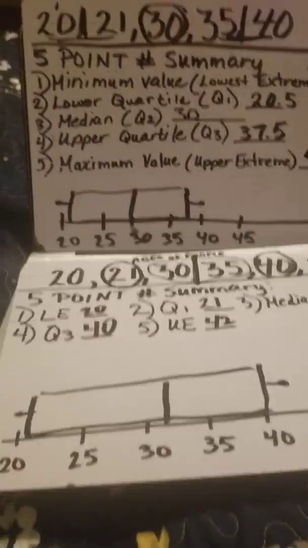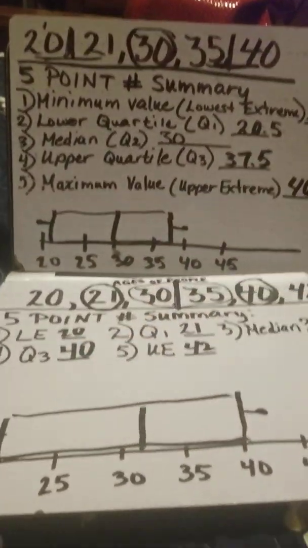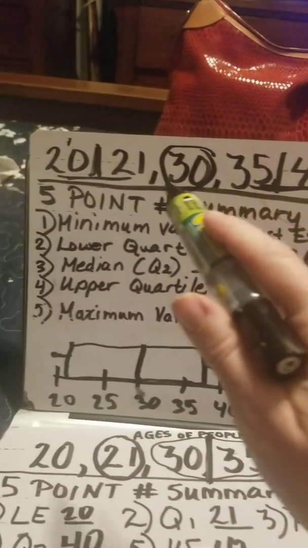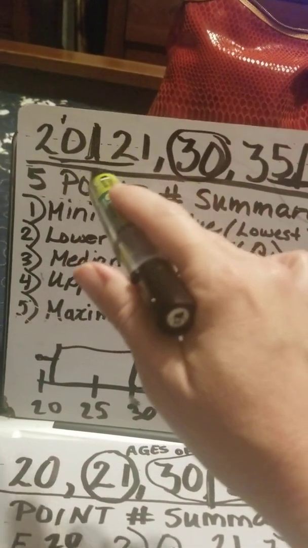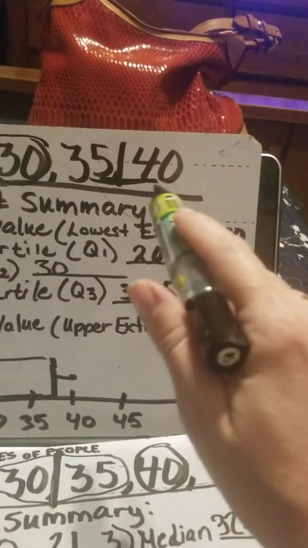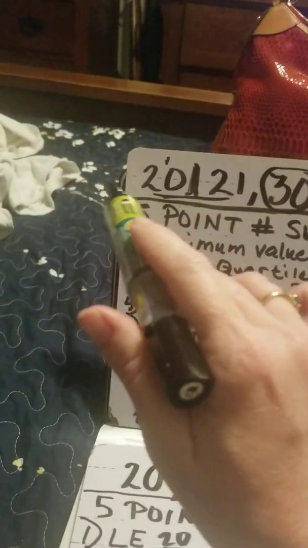Draw a line. So if you look at the two, they look pretty much the same. They have little whiskers, some variance right here, but we just left off the 42 on the first one, so we only had 5 values. 30 was the median, which was easy to find, but then you had to find the median of the lower half by averaging those two, and the median of the upper half by averaging those two, and then, of course, your highest and lowest number.